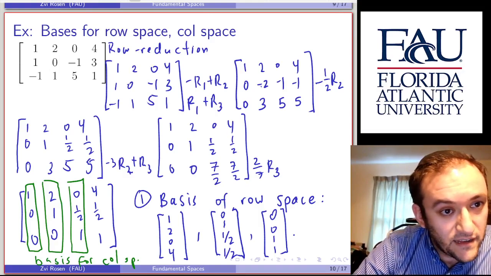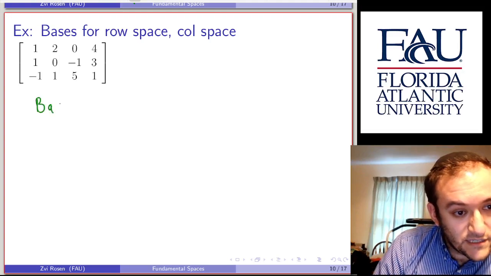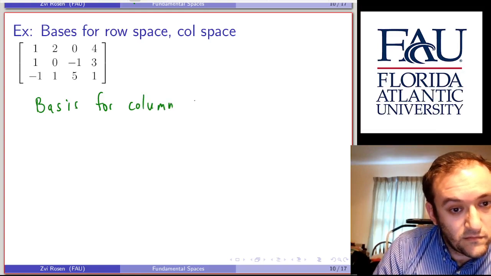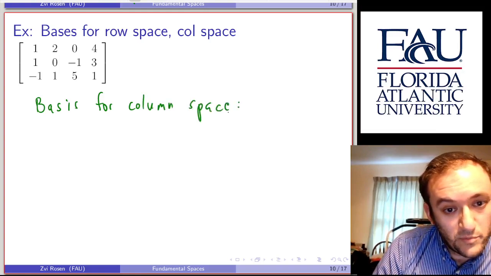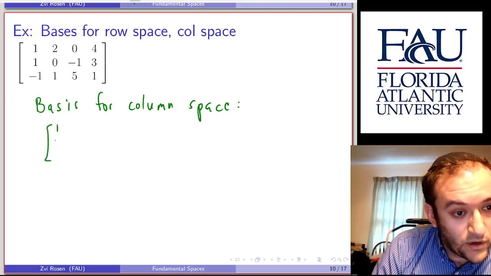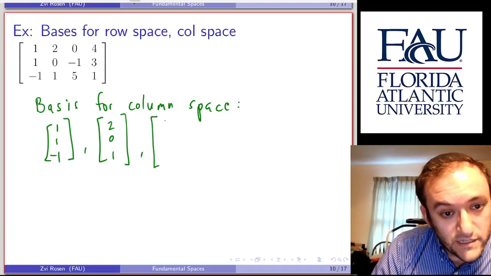So let's get that. The basis for the column space will be the first, second, and third columns, which are 1, 1, minus 1, 2, 0, 1, and 0, minus 1, 5.